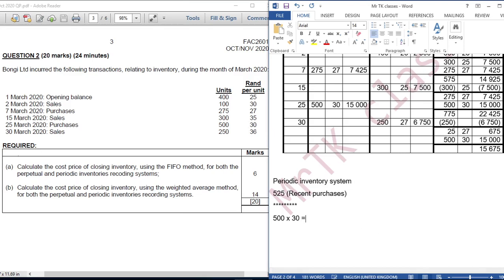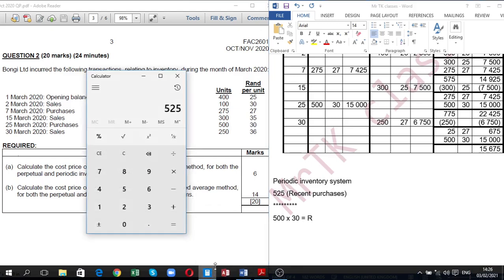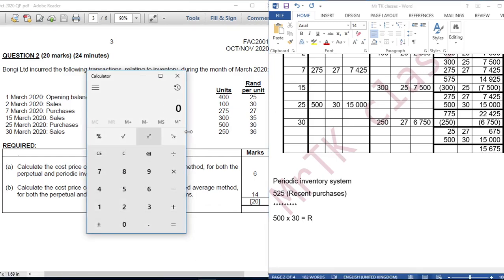So what are we going to get? 500 multiplied by 30. We have that calculation already here, but we can do it to make sure. We are going to get 15,000.